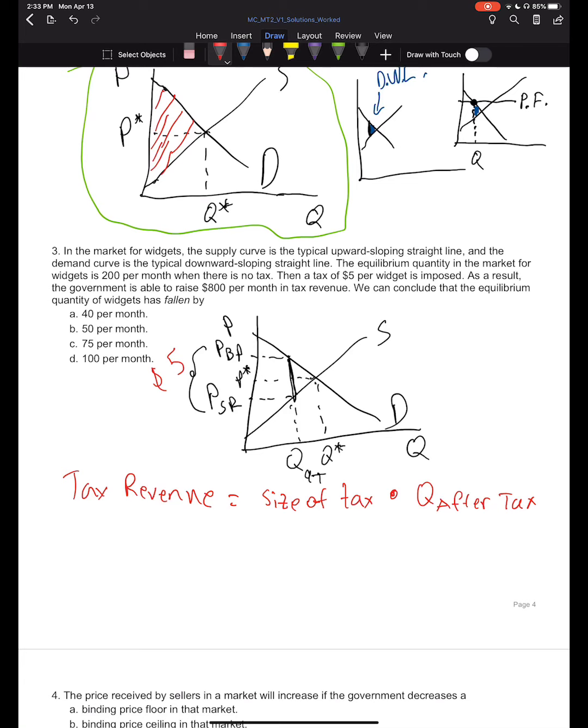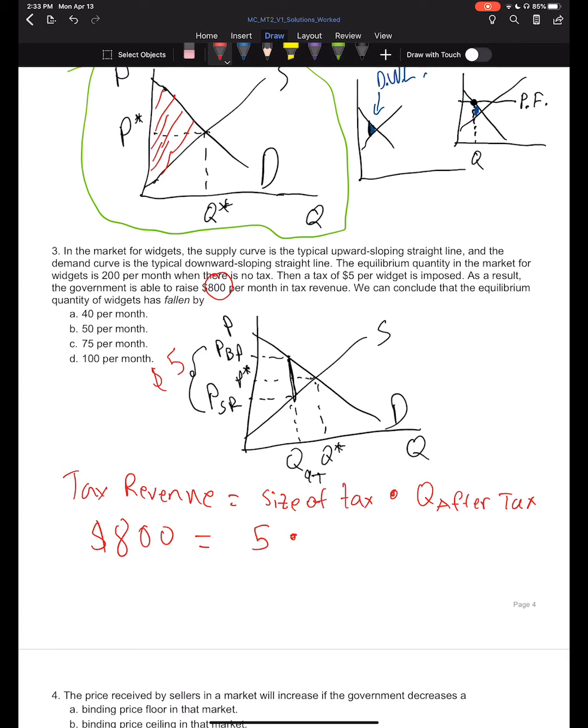So we actually have a lot of information here. We have this tax revenue of 800, so we can go ahead and put that $800 in there. We know that the size of tax is 5. We don't know what the quantity after tax is.